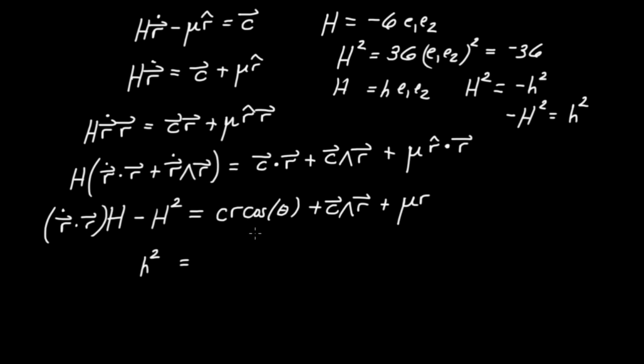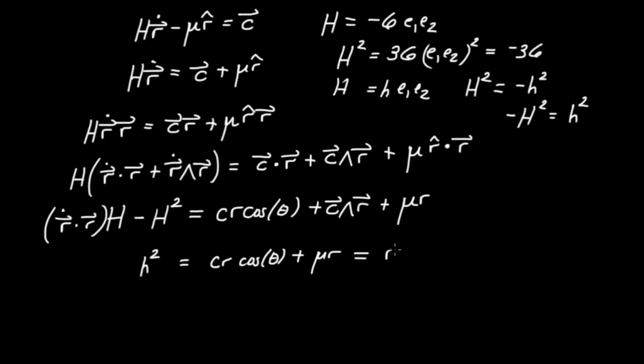And on the right hand side, I have two scalar terms. First, I have C R cosine theta, and my other scalar quantity is mu times r. Now that vector r, that displacement vector from mass 1 to mass 2, is really the vector I'm interested in in this whole Kepler problem. So let me attempt to solve for r here on the right hand side.